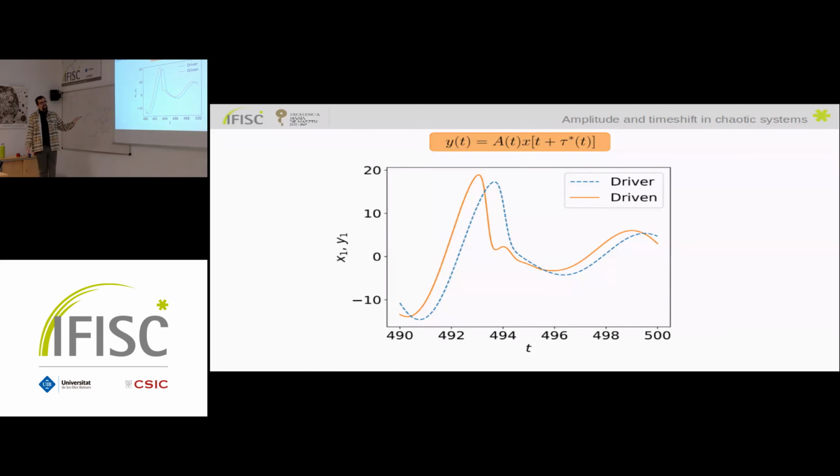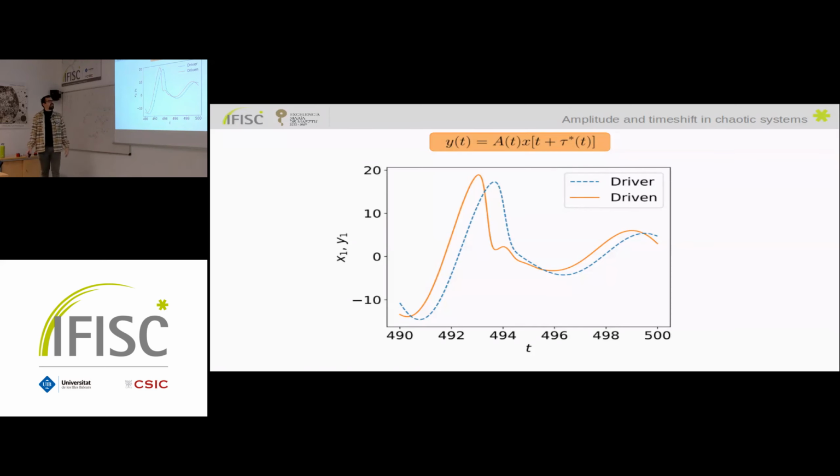So how can we study this? There will be a lot of different ways, and you can try to compute A and tau star, but in order to have a good way to measure it, let us center our results just on the maxima.